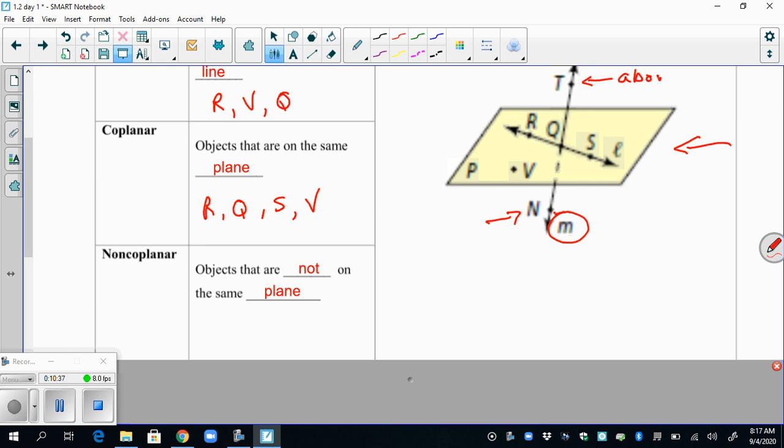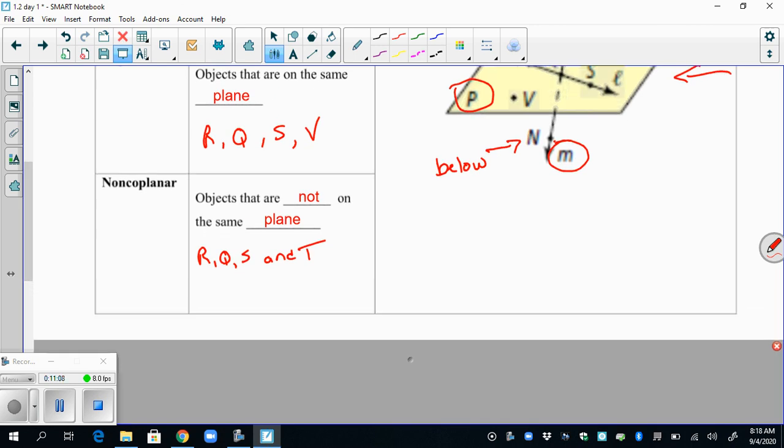I'll just write that on there, above plane P, because here's capital P in the corner, and this one is below plane P. So for R, Q, S, and T, those 4 points are not in the same plane. 3 of them are, the 4th one is not.